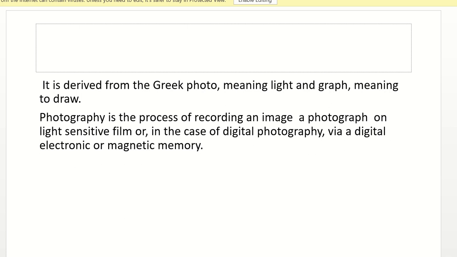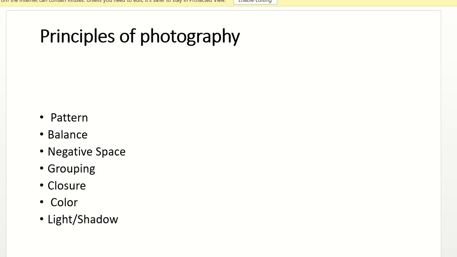That is, photography basically deals with digital photography and electronic and magnetic memory. In continuation, I want to state some principles of photography. I hope you are following keenly. We have the pattern, balance, negative space, grouping, closure, color, and light and shadow.